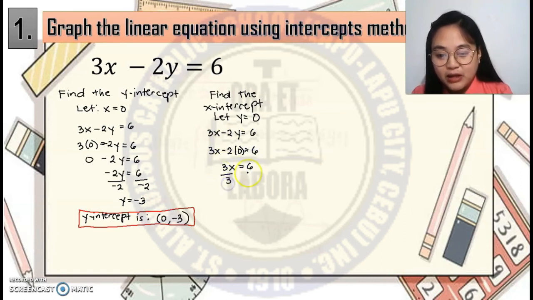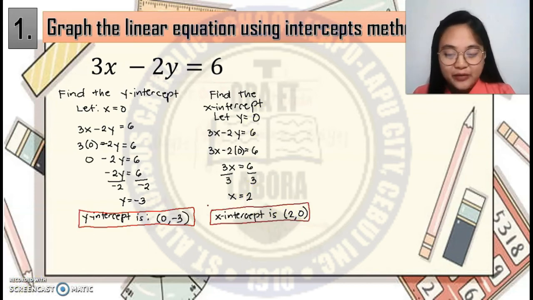Divided by 3 to get the value of x, then x will be equal to 2. Therefore, your x-intercept is (2, 0), since your x is 2 and your y is 0. And that would be the final answer.